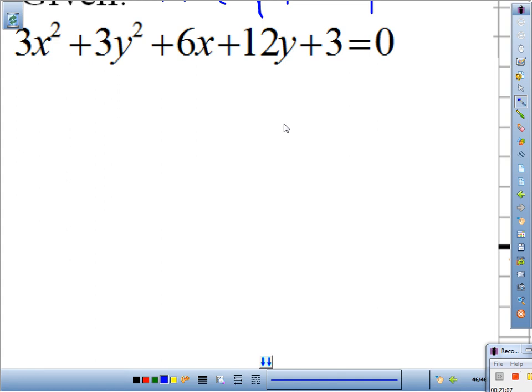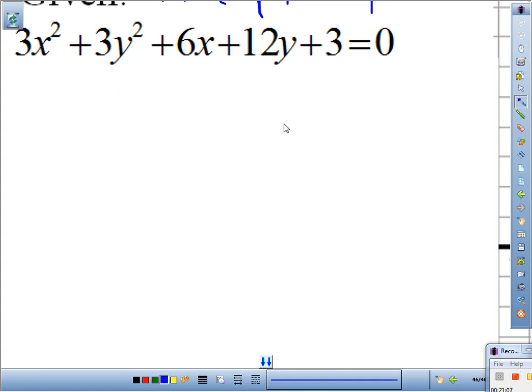To complete the square, the very first step is standard form. Let's check to see if it's standard form. Is it standard form? Yes.